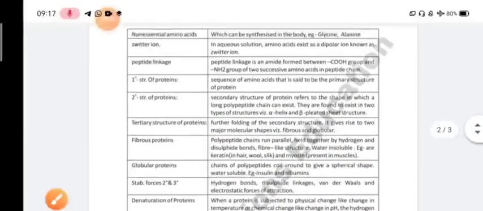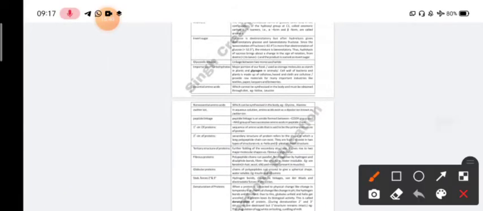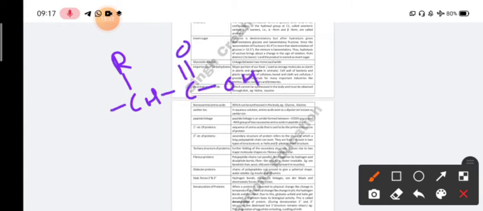Okay, and peptide linkage. As we know, in the case of amino acid, amino acid is a monomer, right? So it will be bonded with another amino acid and it will also form protein.